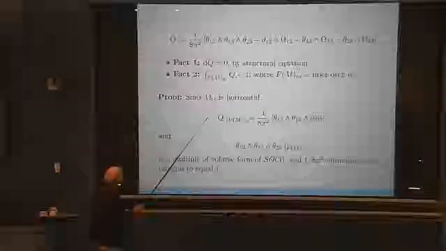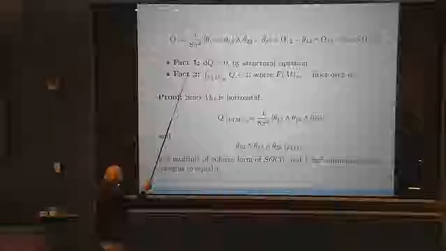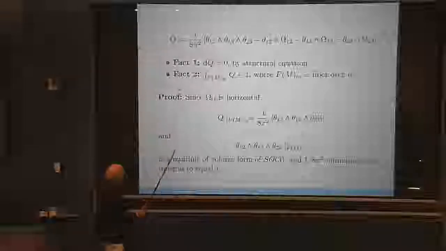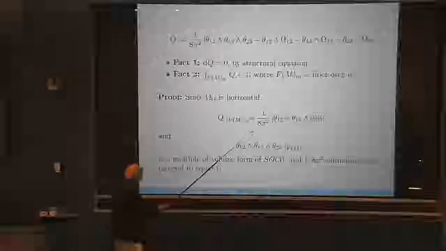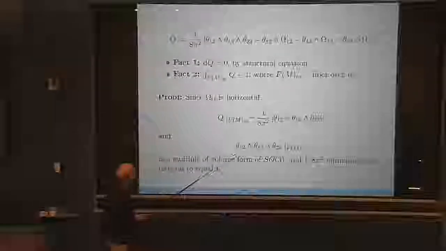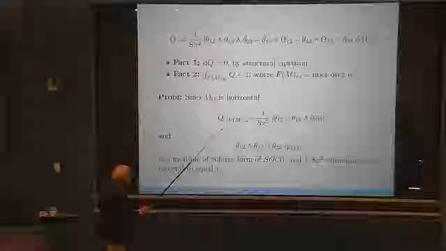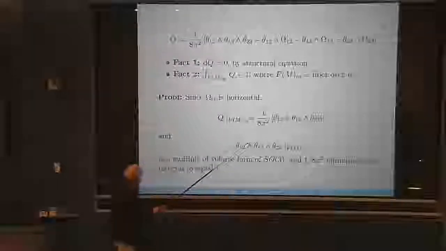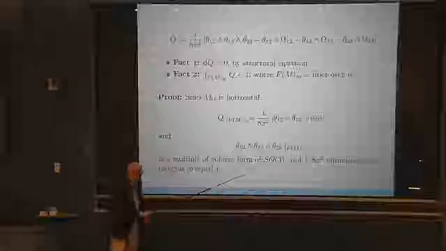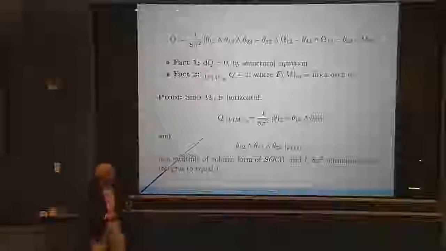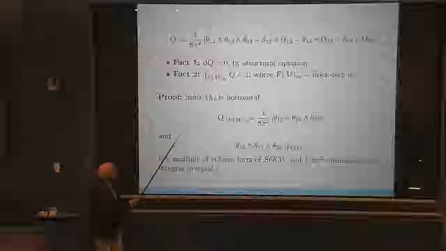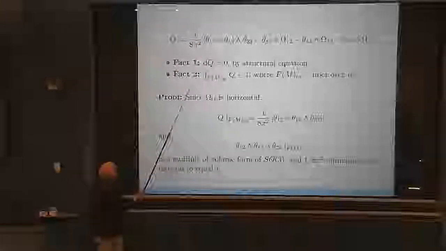Now, the proof of that is, since omega is horizontal, if you restrict this thing to the vertical fiber, all you get is this term. And it's normalized. It's a multiple of the volume form of SO3. And I wanted it to be 1, so I normalized it by 1 over 8 pi squared, and that makes its integral over the fiber 1.